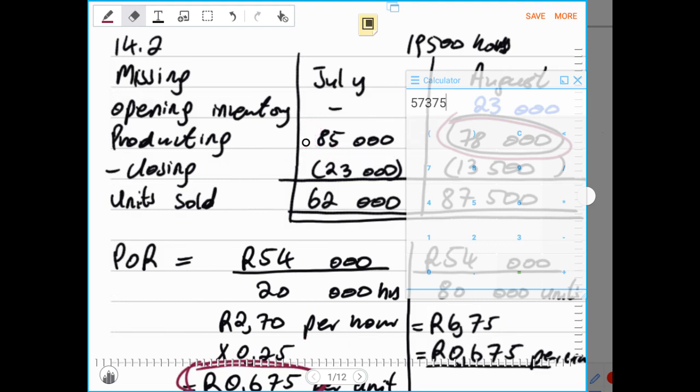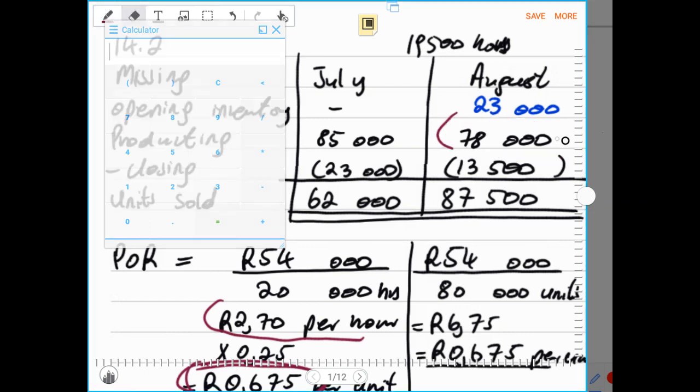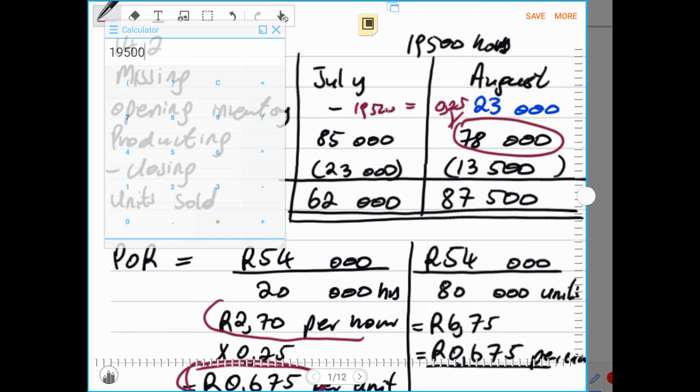Again, if you want to take the rate per hour, which is the 2 rand 70 per hour, in the case of the month of August, when you calculate applied, you can first convert the total production of August into hours. You say how many hours it takes to complete 1 unit, it is 0.25. Then 78,000 times 0.25 will be 19,500 hours.